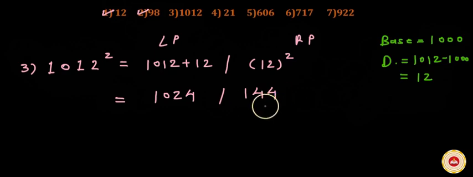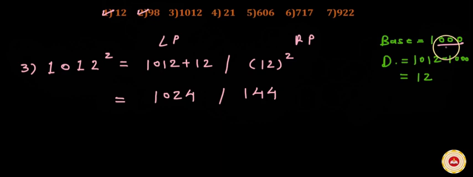144. Next step is important step. Count the number of zeros in the nearest base and retain same number of digits in the right part, so that number of zeros in the nearest base and number of digits in the right part should be equal.